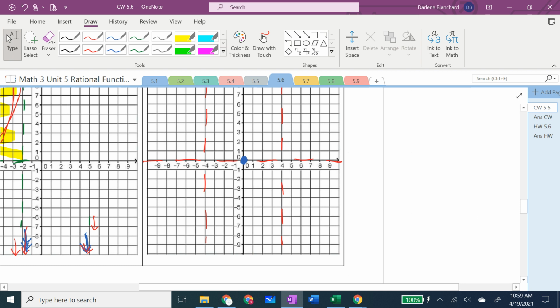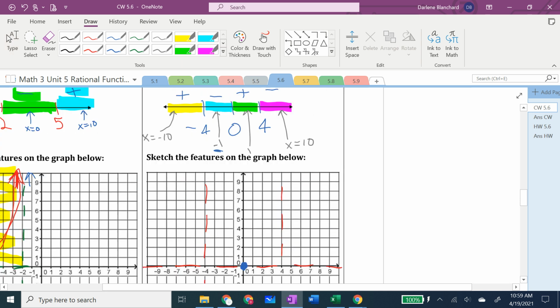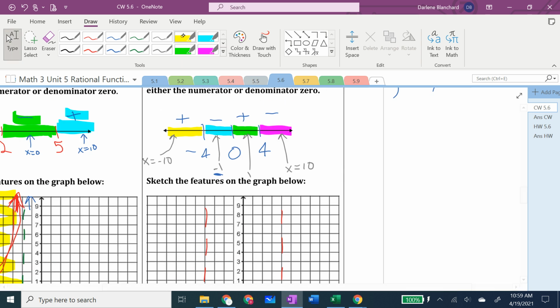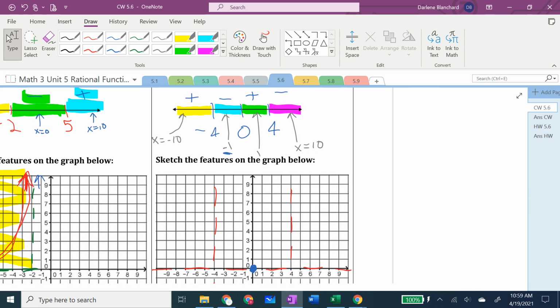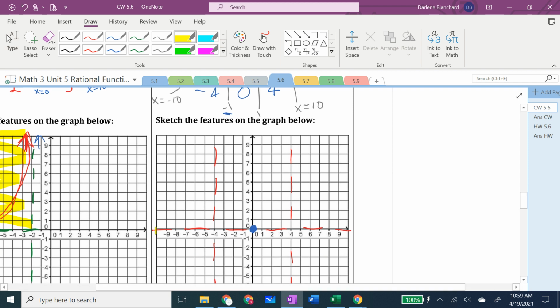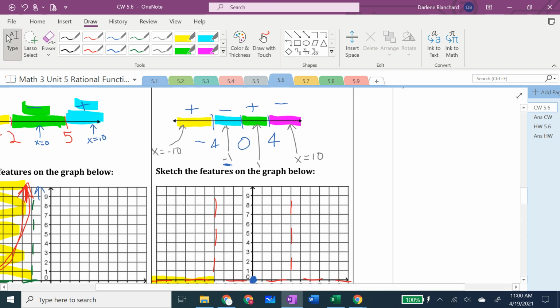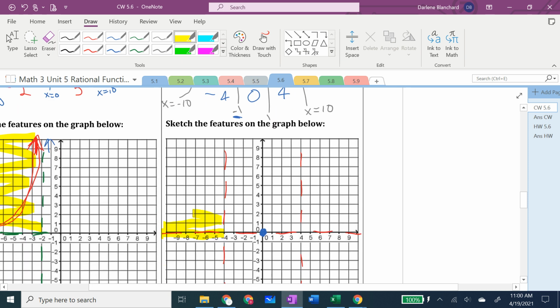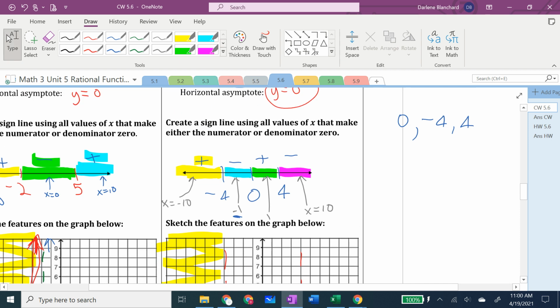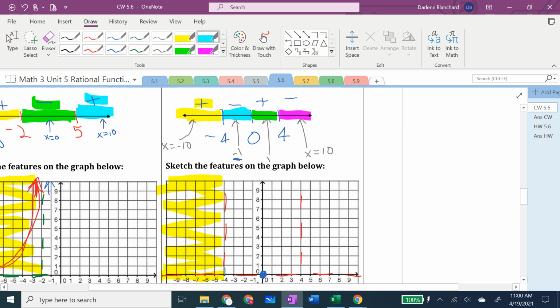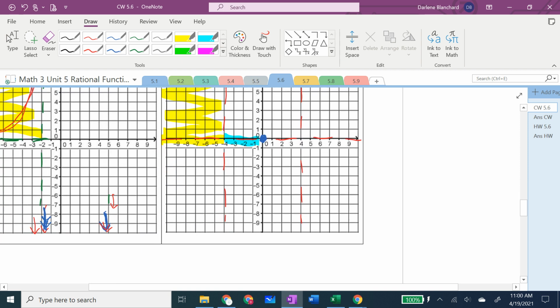Now I need to figure out the graph from here. I am above the x-axis when my x is less than -4. I exist up here. Between -4 and 0 on the x-axis, I am under the x-axis with a negative y value.